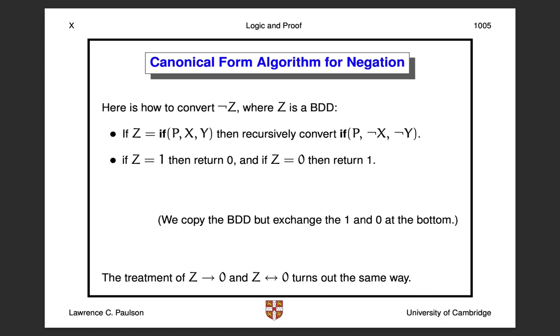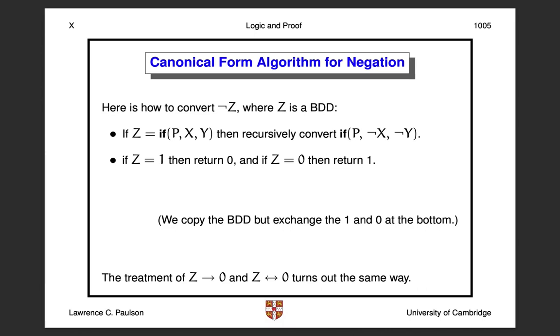I was starting with this. So if we have a variable test on P where true is linked to the BDD labeled X, so this X refers to a BDD, not to a variable, and if when P is false, we link to another BDD Y, what do we do?